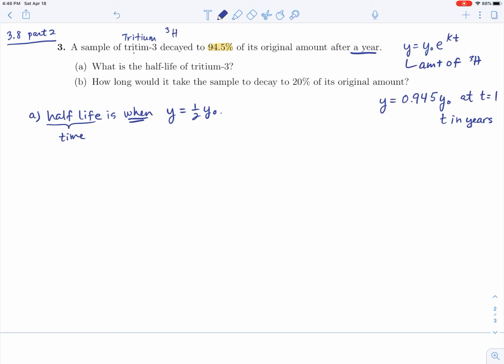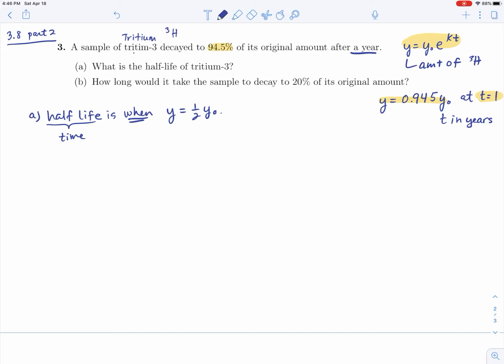Okay, so what is the half-life? We will have to figure out what k is in order to do that. So we're going to use this information right here and this model. We have t, we have y in terms of y naught, so the y naughts will cancel, and we'll be able to solve for k.